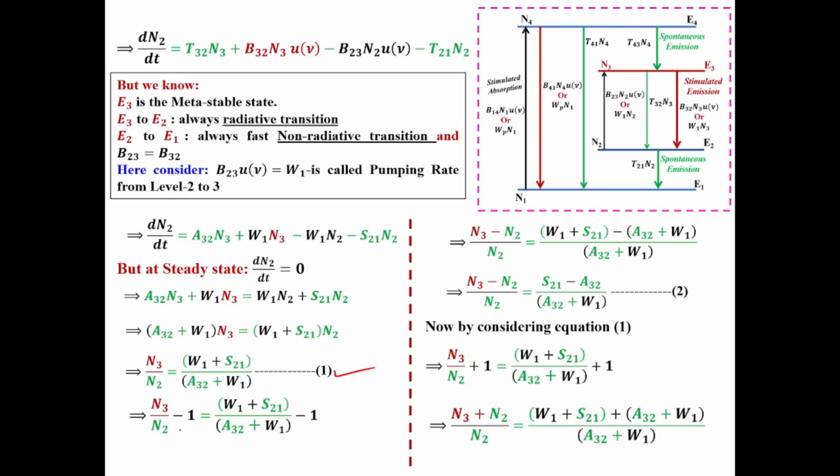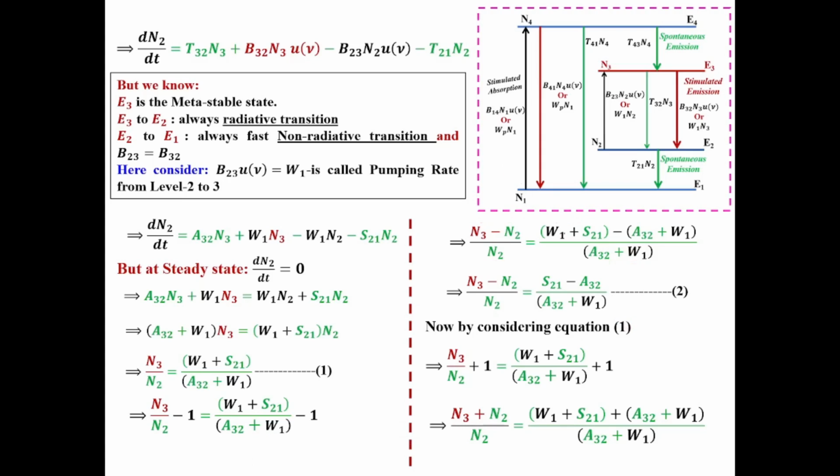Now just subtract 1 from the LHS and RHS. So what can we get? N3 by N2 minus 1, and here the same, minus 1. Now the left hand side will be (N3 minus N2) by N2, and the right hand side will be (W1 plus S21) minus (A32 plus W1), divided by A32 plus W1, right?